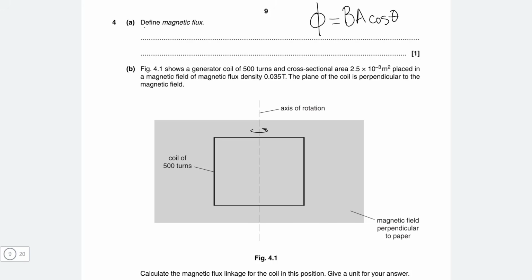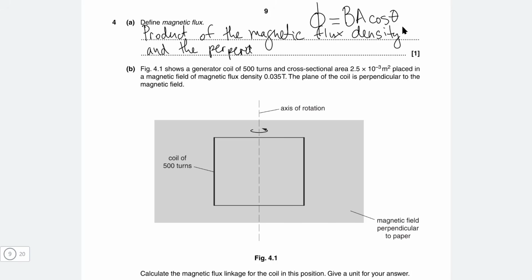Therefore, the magnetic flux is the product of B, which is the magnetic flux density, and the area. And it's not just any area, it is the perpendicular area, as indicated by this angle, cos theta.